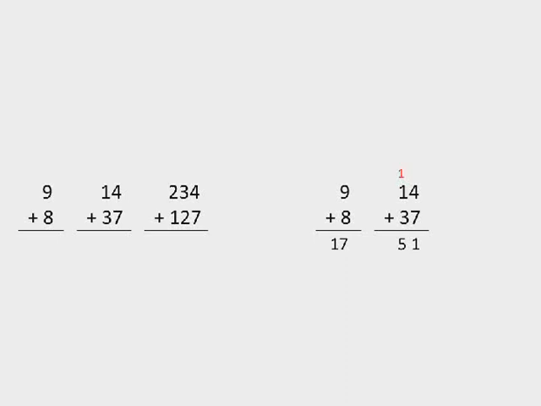Okay, the last set I'm going to show you for this particular type of addition is going to be 234 plus 127. So first thing we want to do, we want to take just the 4 and 7. So we're going to cover up the 2 and the 3 from the 234, and the 1 and 2 from the 127.